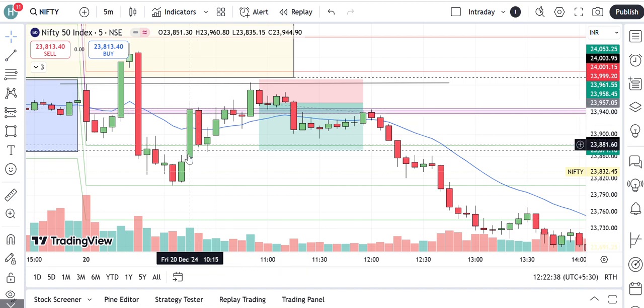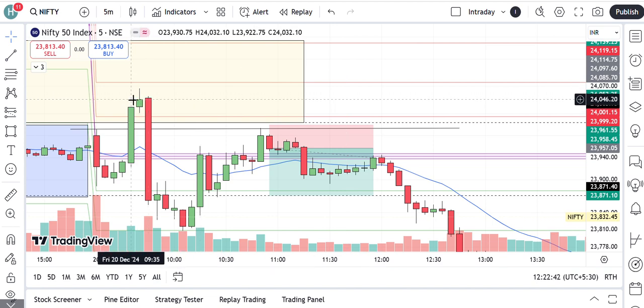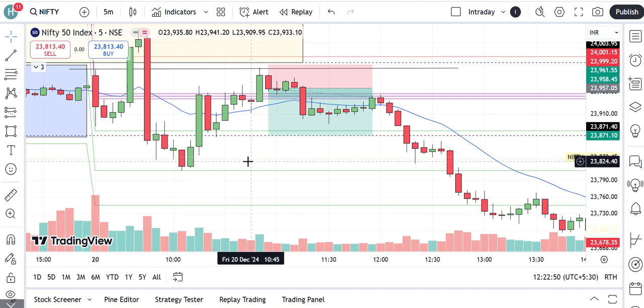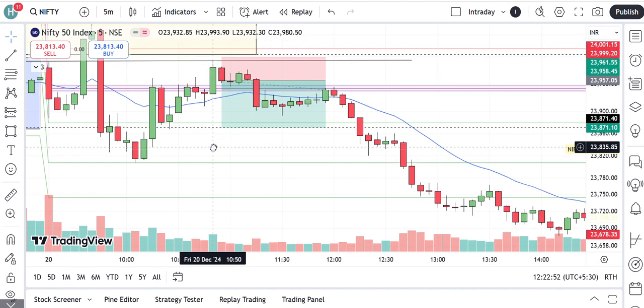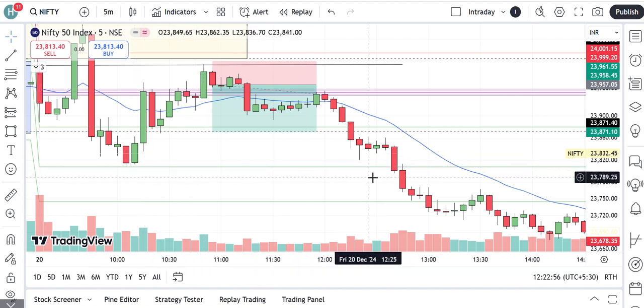But if you take the trade here and keep your stop loss, it will go too high, because the day's highs are usually very strong resistance. So only trade with a proper risk reward. Now what happened, this day's low also is broken by this candle.